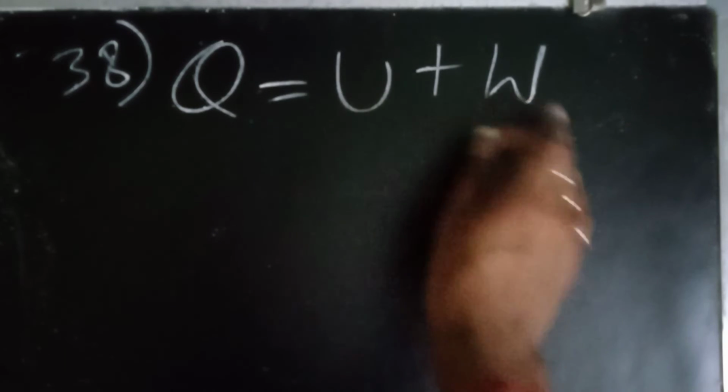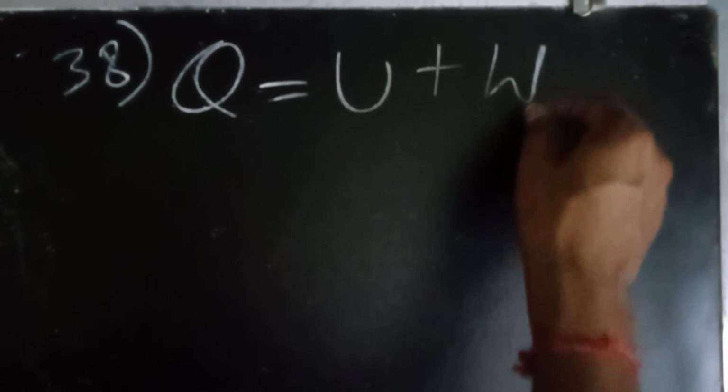Now 38. Okay, so the 38 question will be of thermo. We are moving to thermodynamics, where Q is equal to U plus W was there. A simple question. W was around, so work was input.